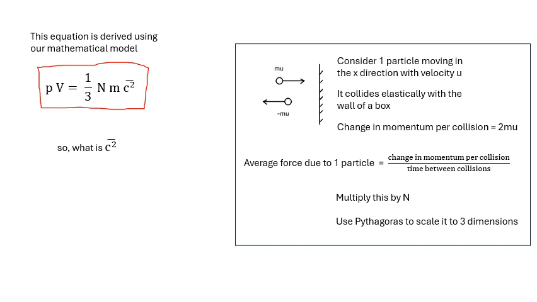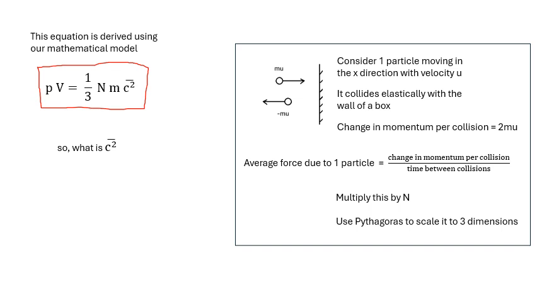Basically, you've got a particle which has got momentum mu, and it bangs into the wall and it comes off with momentum minus mu. So the change in momentum is 2mu in this elastic collision. The average force due to one particle is the change in momentum per collision divided by the time between the collisions.